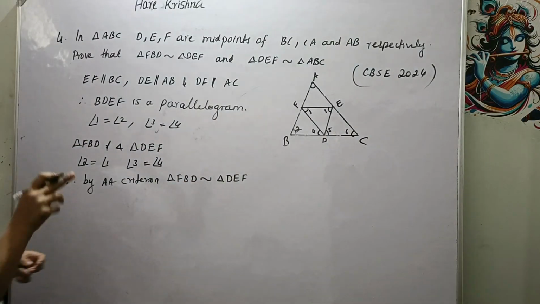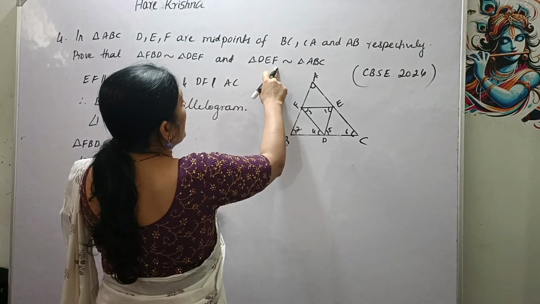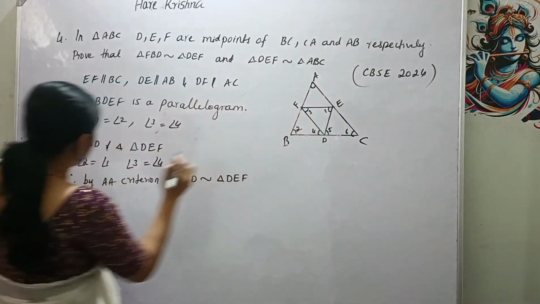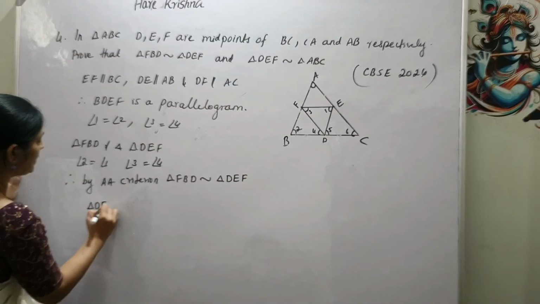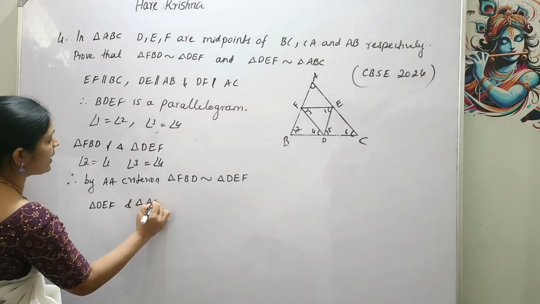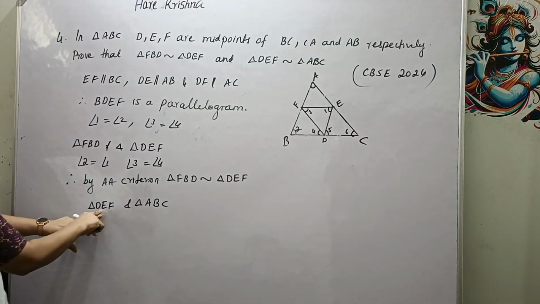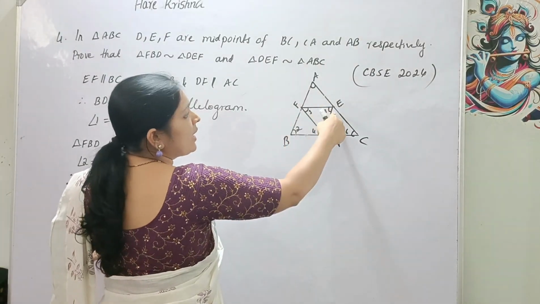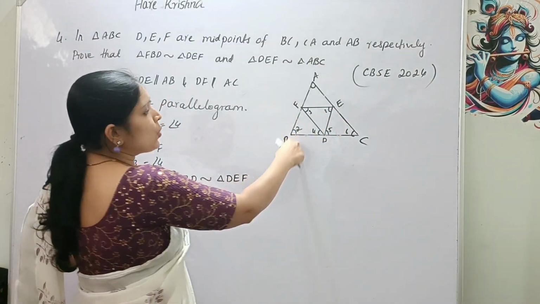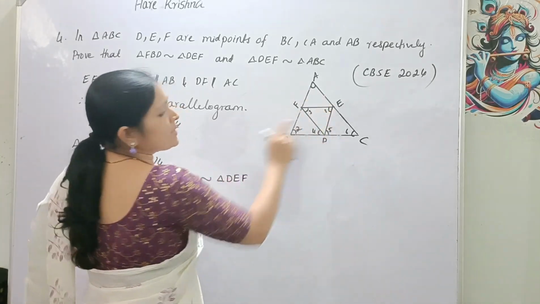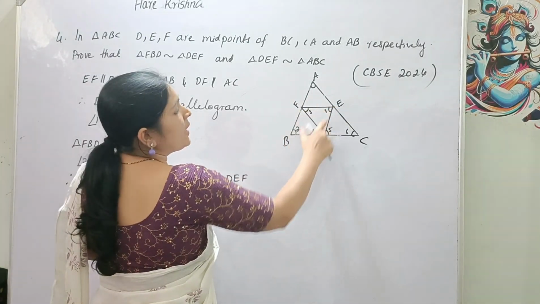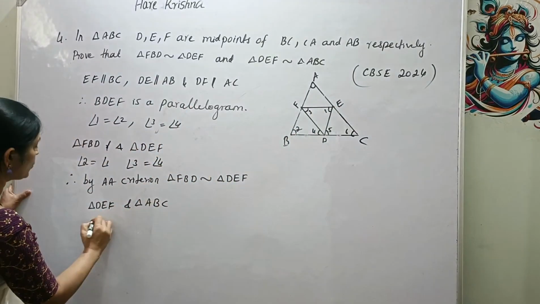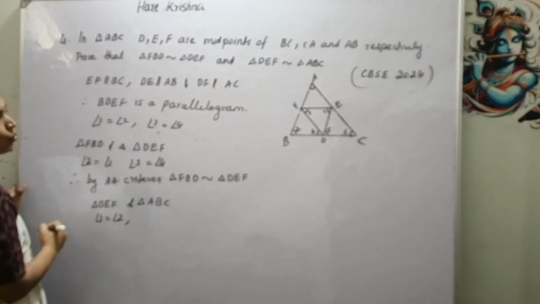Next we have to prove triangle DEF is similar to triangle ABC. Triangle DEF and triangle ABC. Now, what is angle E and angle B? See, angle 1 and angle 2. Right? So, here this angle is equal to this angle. So, angle 1 is equal to angle 2.